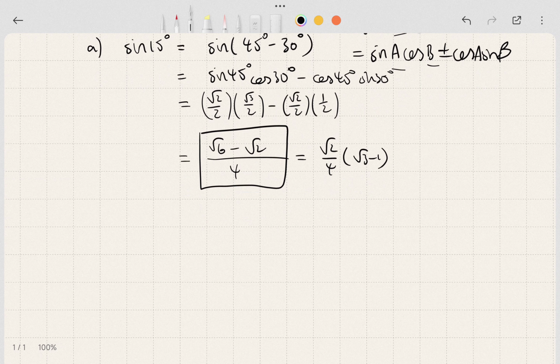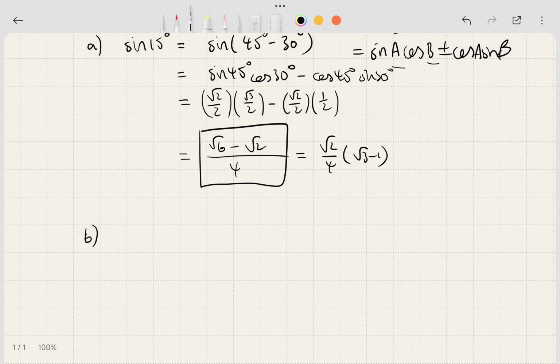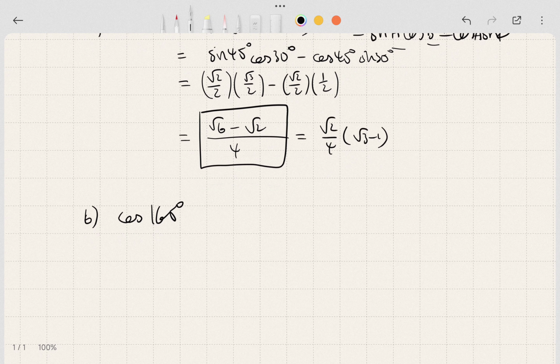Now we move on to part B of the question, where we're asked to find the exact value of cosine of 165 degrees without using our calculator. So let's think about this. We know that cosine of 165 degrees is equal to cosine of 135 degrees plus 30 degrees.